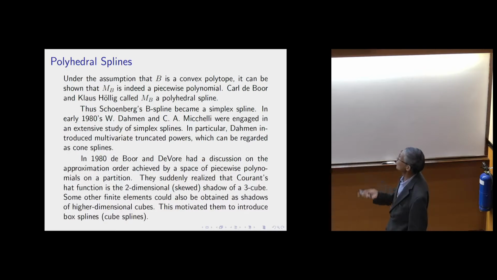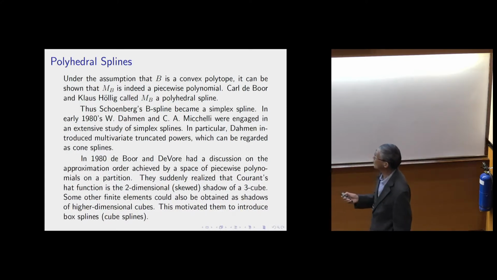Then, in particular, the work of Dahmen and Micchelli, we call simplex splines. And Dahmen introduced the multivariate truncated powers, which can be regarded as cone splines. Yesterday, Armstrong gave a talk emphasizing the role played by multivariate truncated powers.